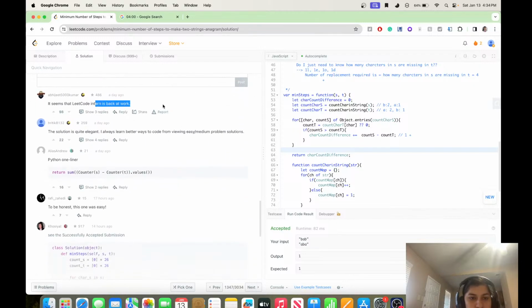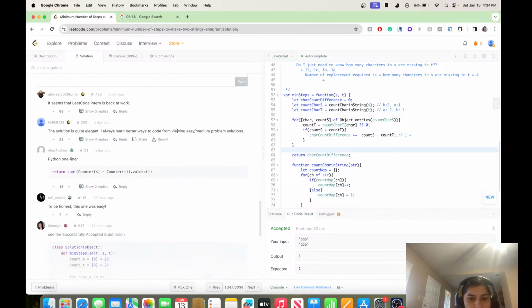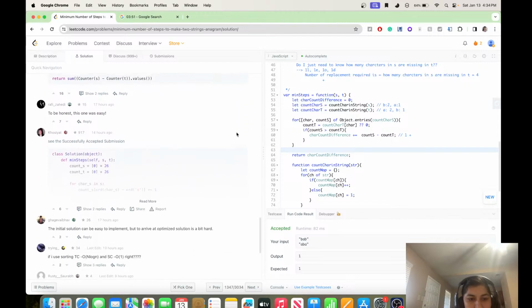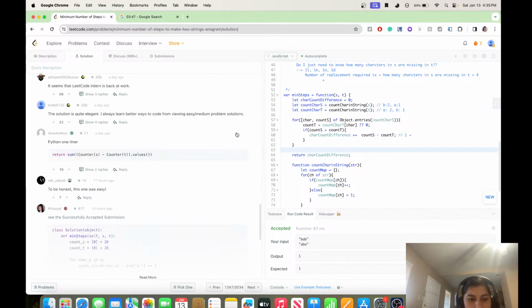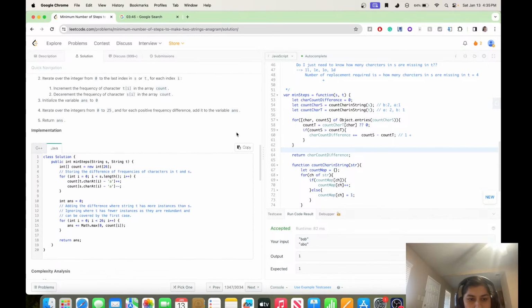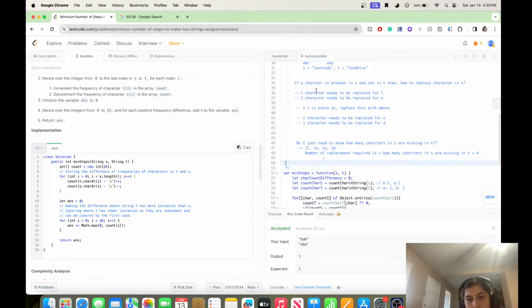LeetCode intern is back at work. To code from viewing, easy or medium problem questions. This one was easy, yes, this one was easy actually. But I don't know why I thought too much here.